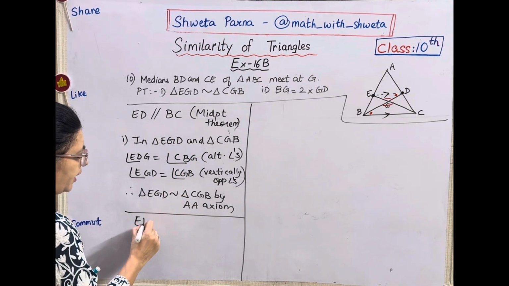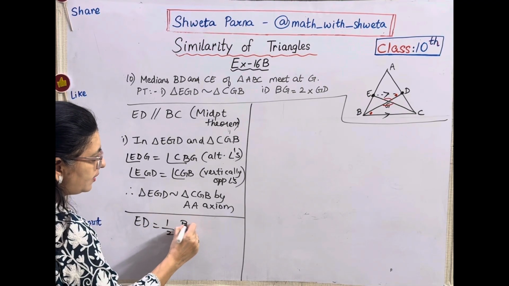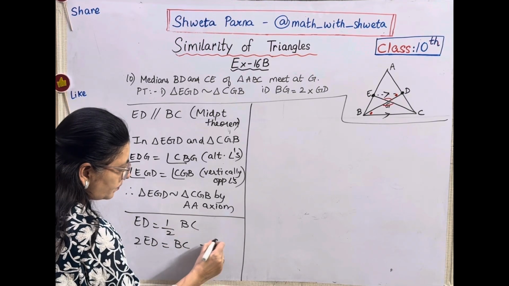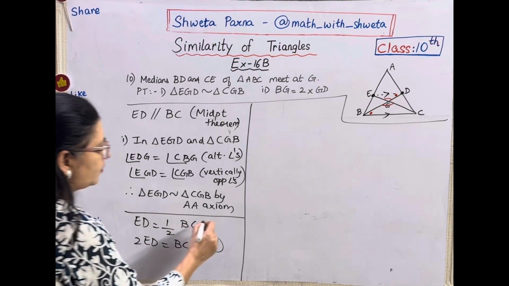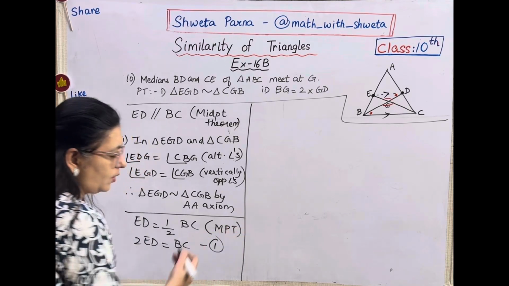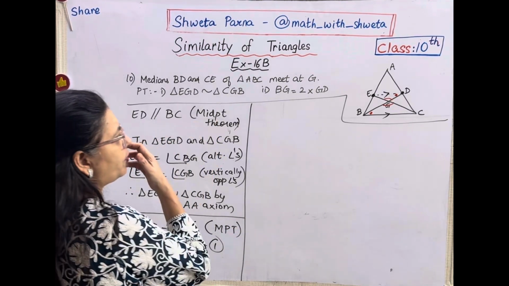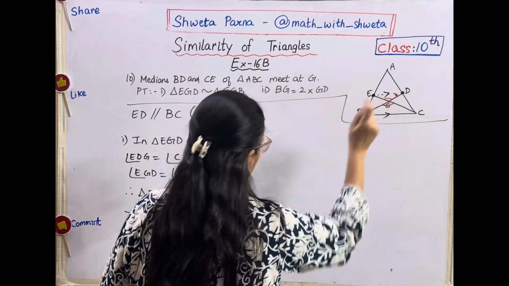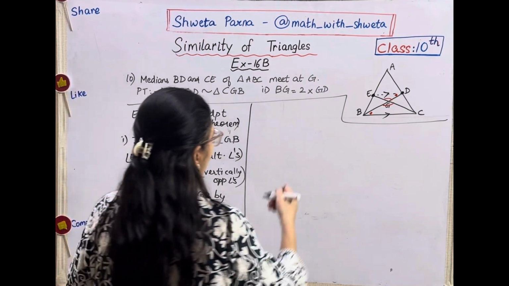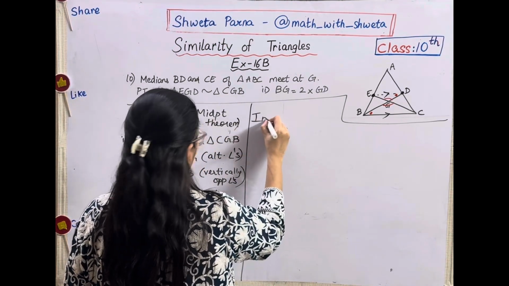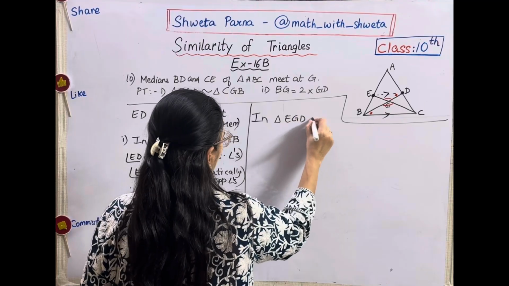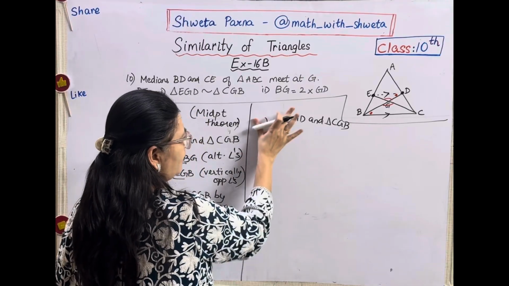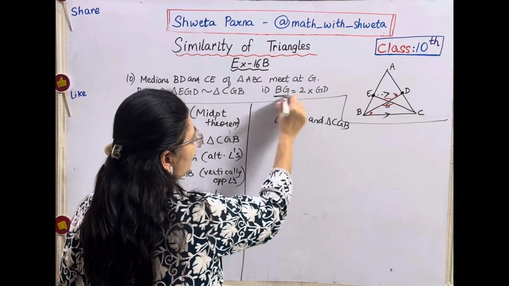So that means ED is half of BC. So 2ED is equal to BC. This is midpoint theorem. Now you have to prove that BG is equal to 2 into GD. Let's take these two triangles only, since you have proved in triangle EGD and triangle CGB, these two triangles are similar. Now, what you want? You want BG.